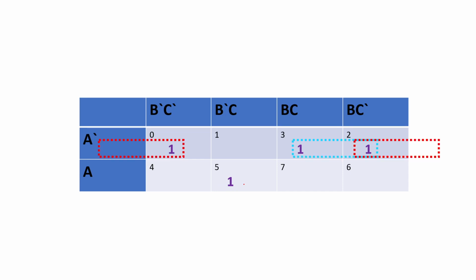So what we have finally, let me just write the contribution from this pair. It's A dash B, as C is changing.